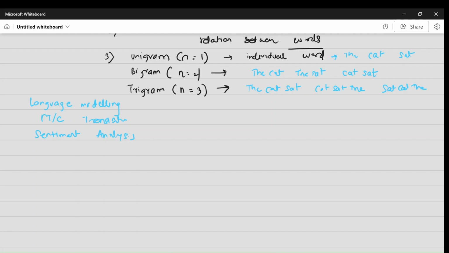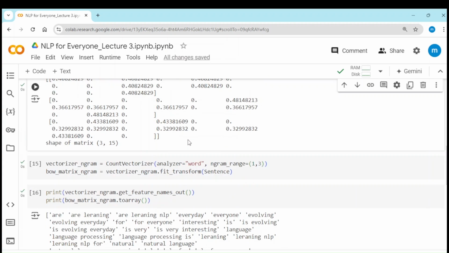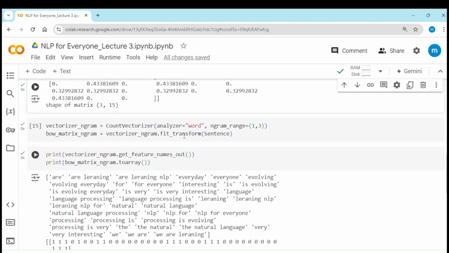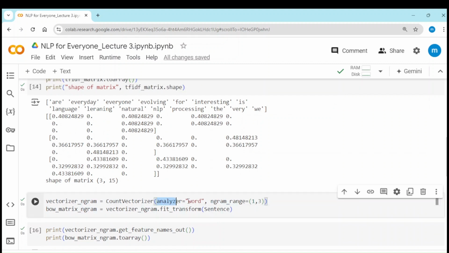Let me share my screen and show you how n-grams work using the Python library. If you look at this, we are using the same library, the count vectorizer, but we are just adding one parameter, analyzer equal to word, because we wanted to do the n-gram based on the word.